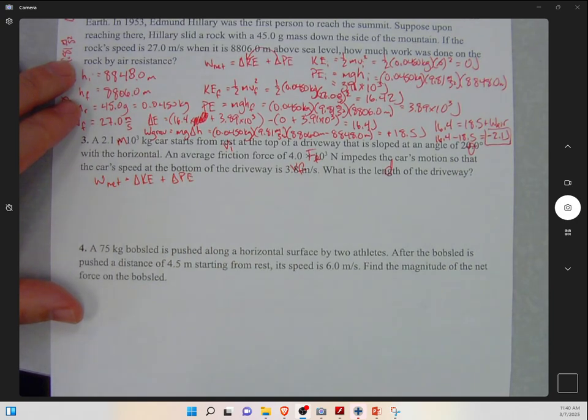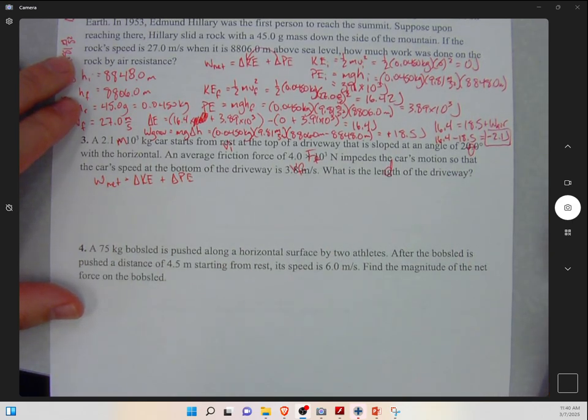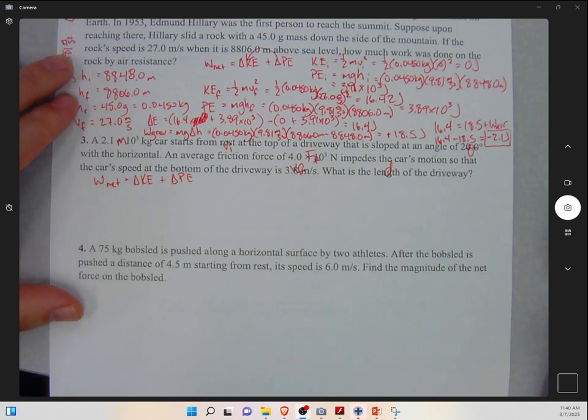So we're going to consider two things happening here. We're going to consider work being done by gravity and then the work being done by friction.